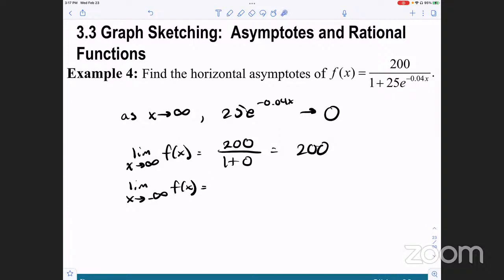If x is going to negative infinity, that makes this positive, so the whole denominator blows up to infinity. A fixed number over a really large number is practically zero. So as we go off to the far left, the whole thing tends to zero. To the far right, it tends to 200. To the far left, it tends to zero.